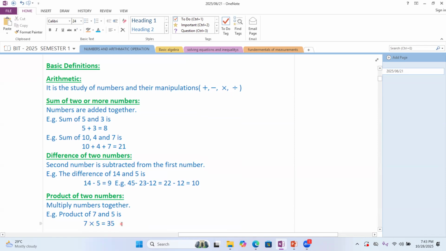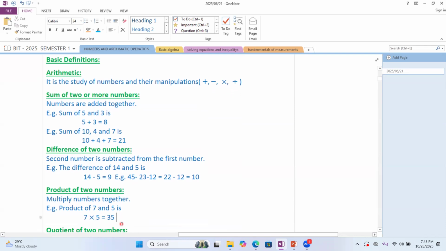So we can also write this for 3 or more numbers. For example, 2 multiplied by 3 multiplied by 5.